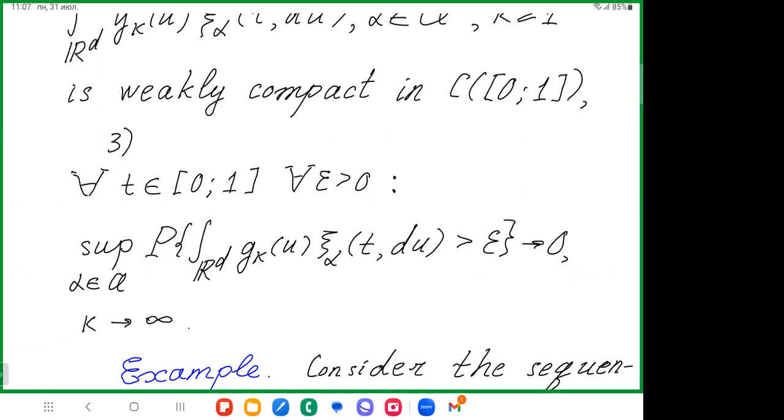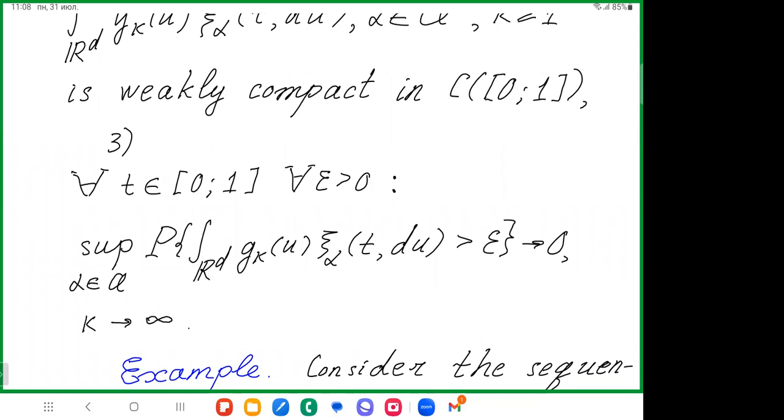So I must say that the main difference of this criterion from the known criteria in the literature is the third condition. Usually, unfortunately, the third condition is formulated in such a way that this sup over alpha is under the sign of probability, and that is going to be a problem.